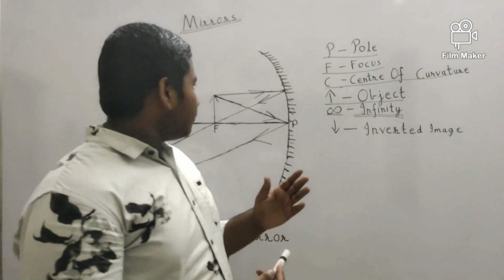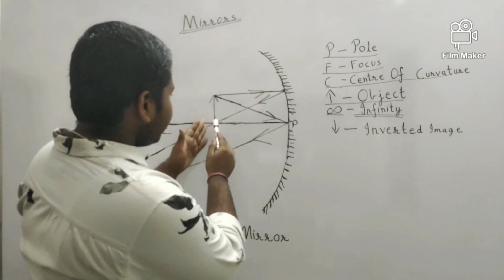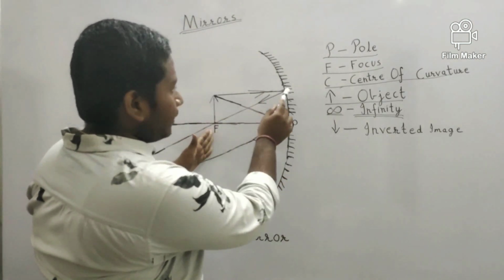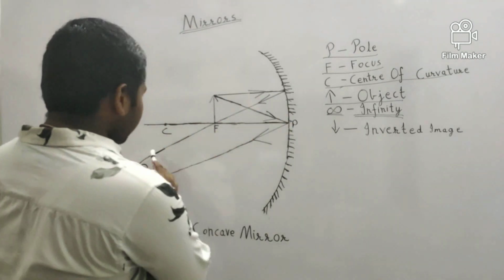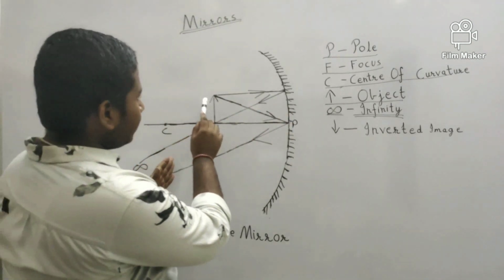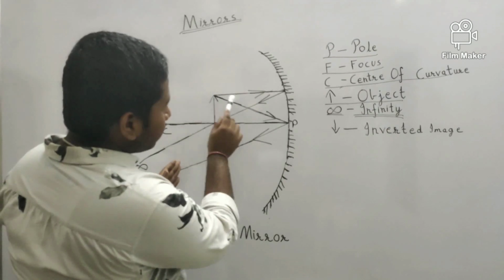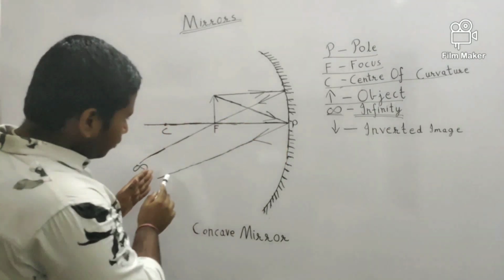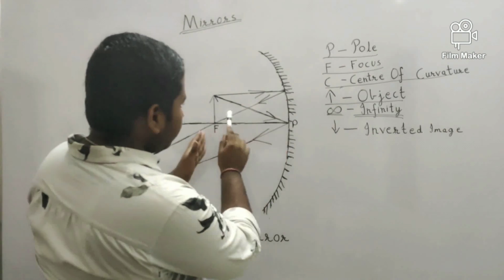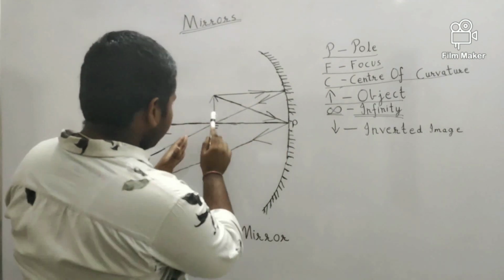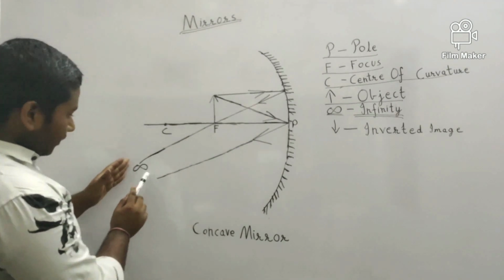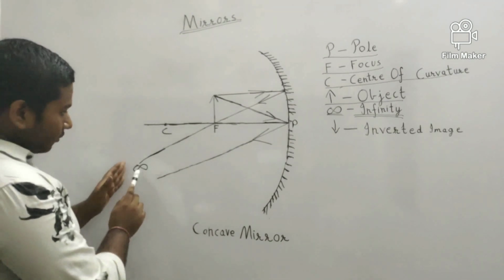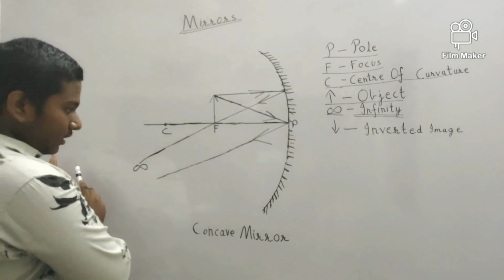The next condition we are going to learn is when we place the object at focus. First we will take one ray going parallel to the principal axis which reflects through focus, and another ray going towards the pole which reflects at the pole only. When we take these two rays, with the object placed at focus, we will not find the image on the screen, we will find it at infinity.